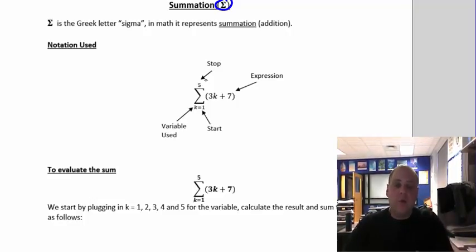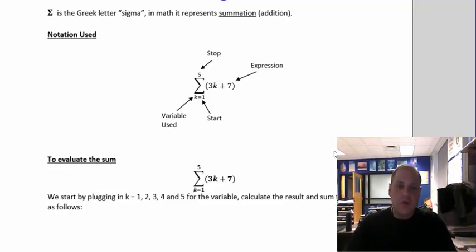A sum of what? Well, it's a sum of an expression with different numbers plugged into it. So this is kind of how it works. You're going to be given sigma right here with a number below it and a number above it. The number below is the number you start plugging in, and the number at the top is the number you stop plugging in. See how it says k equals 1?